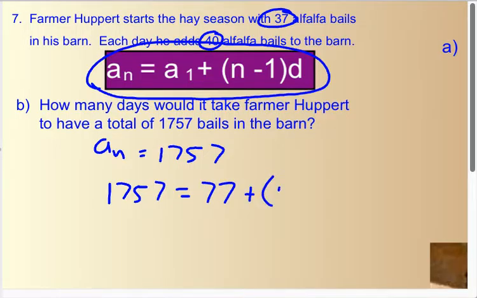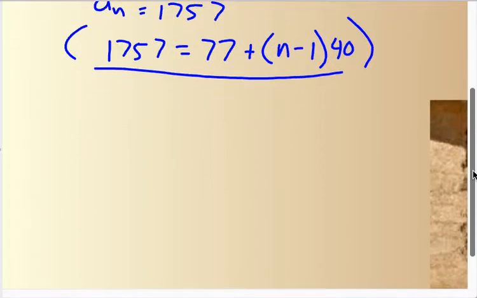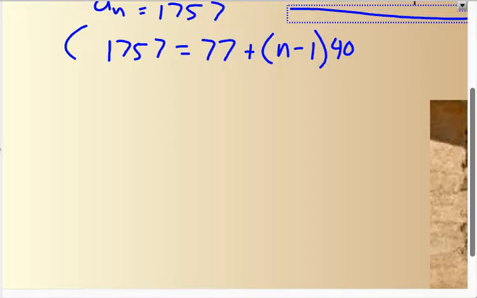Plus, we don't know what n is. n minus 1, and the common difference is 40. So if you look at this equation right here, the only thing we have for a variable is n. And n represents the number of days it's going to take to come up with these bales. So we just need to solve it now.